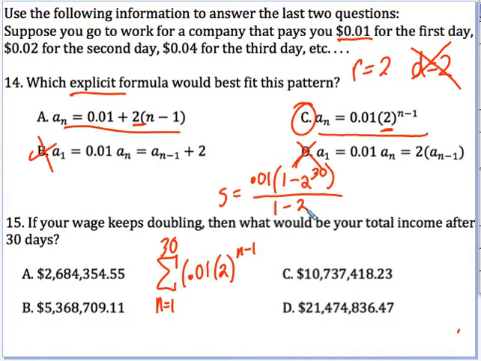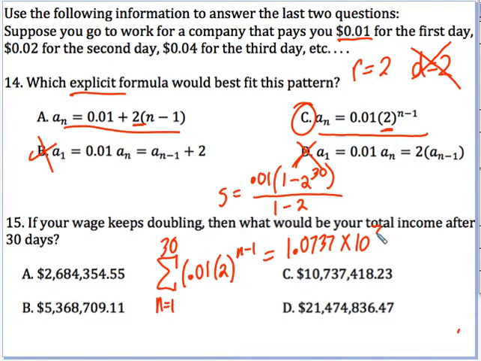Times 2 raised to the power of n minus 1. There's a 30 there. All right, my answer on this is 1.0737 times 10 to the 7th power.